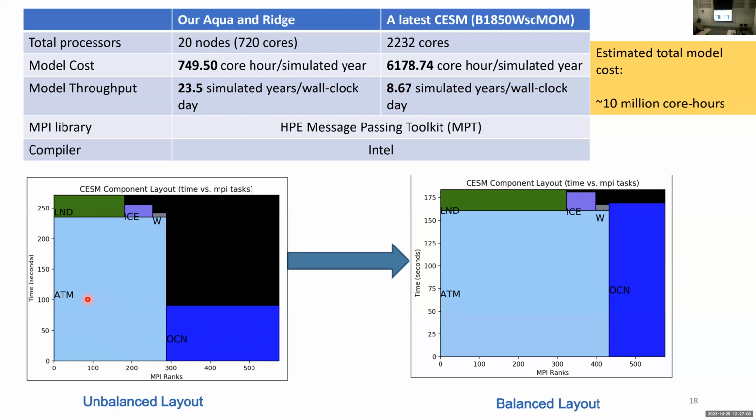However, the atmosphere and land models are still running. The black means the ocean model is idle, waiting for the output from the atmosphere and land. So that wastes a lot of time. If we balance our layout, with fewer MPI ranks on ocean and more on atmosphere, then maybe it will shorten the waiting times.